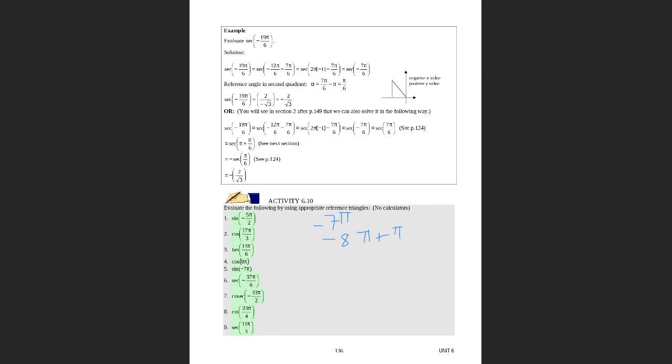So minus 8 pi, we can bring minus 4 out, and we can get 2 pi plus pi. So it will be the same as 9 pi. See, then you can find your answer.